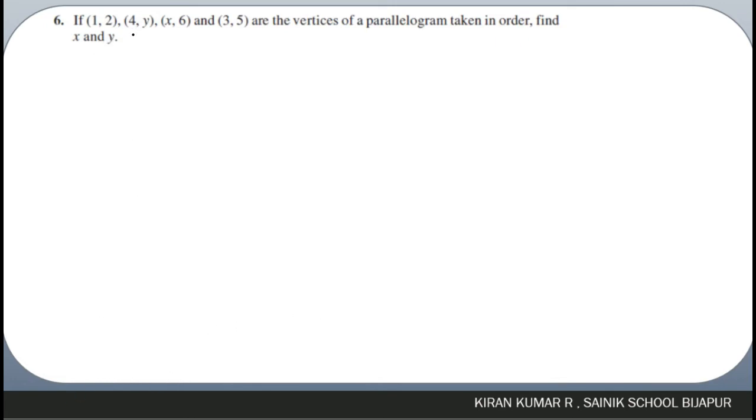If (1, 2), (4, y), (x, 6) and (3, 5) are the vertices of a parallelogram taken in order, find the value of x, y.